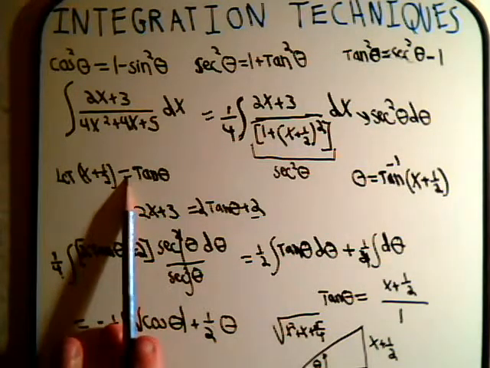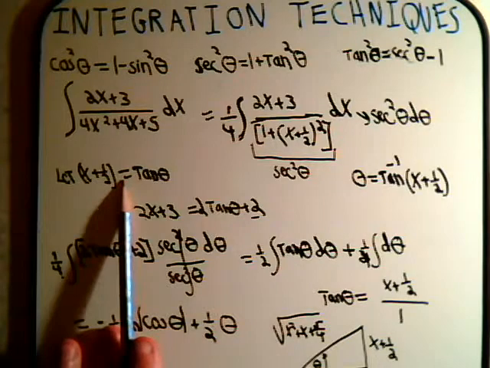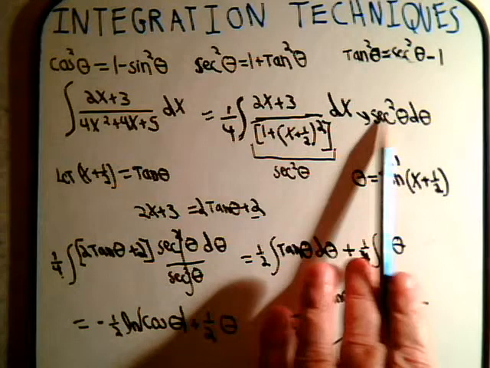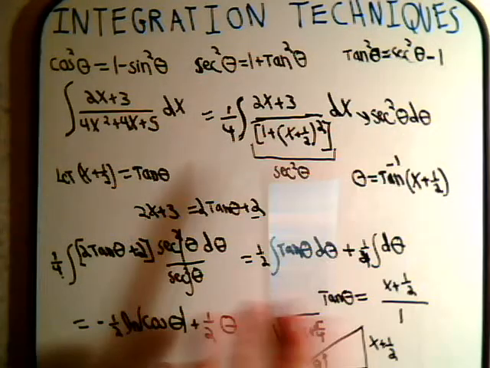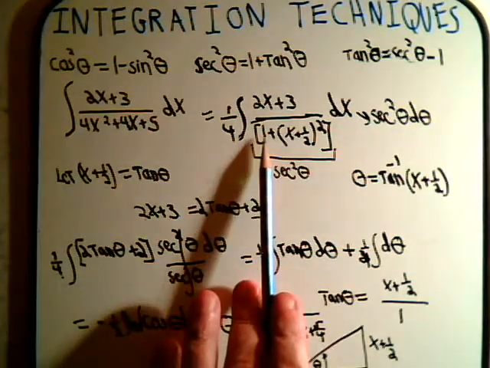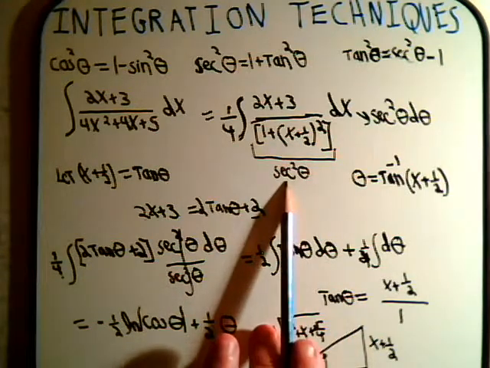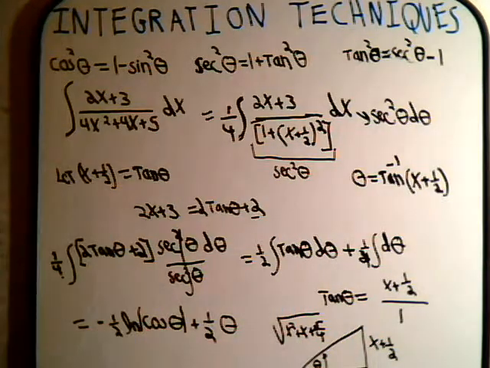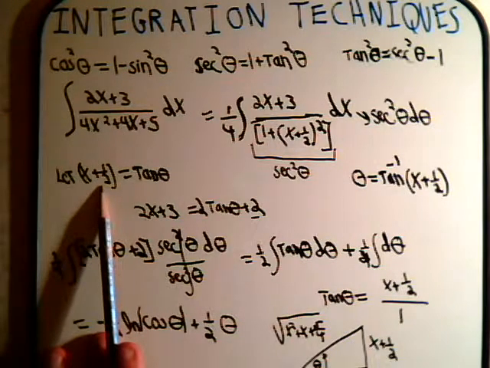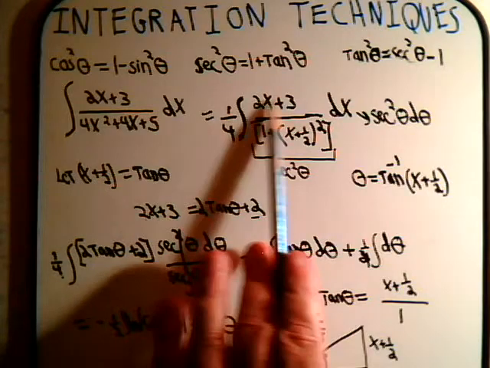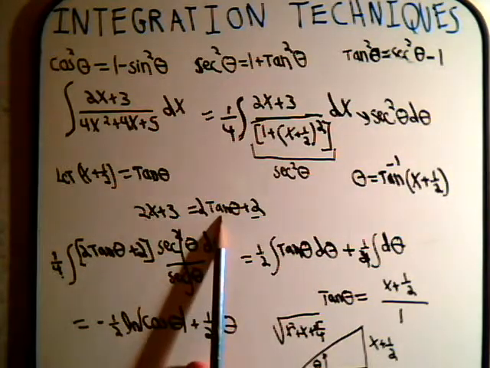And as soon as we made that step, the rest of it pretty much fell into place. dx would be the secant squared of theta d theta. This denominator would be 1 plus the tangent squared of theta, which is the secant squared of theta with a new substitution here. And then from this, it's a simple matter to find out that 2x plus 3 is this.